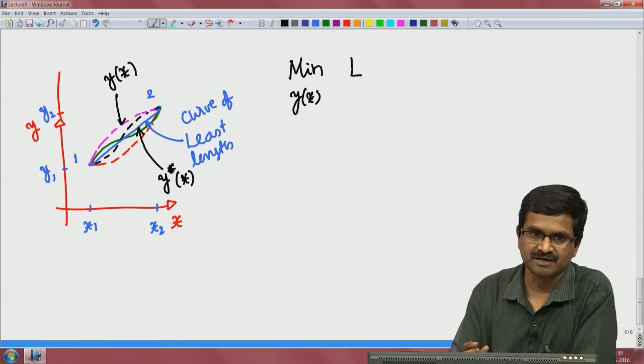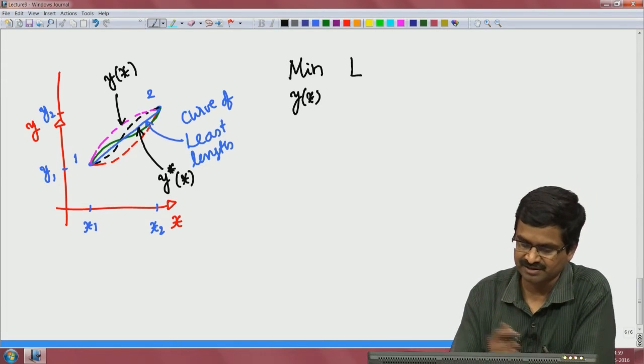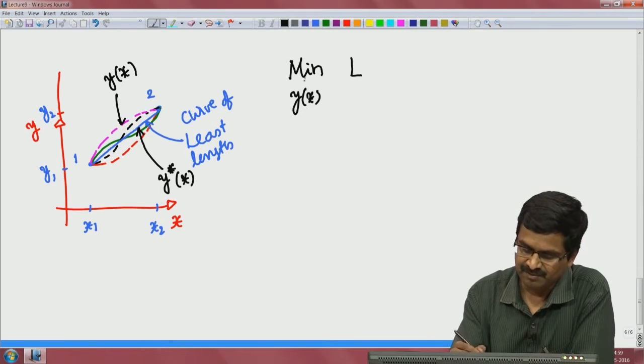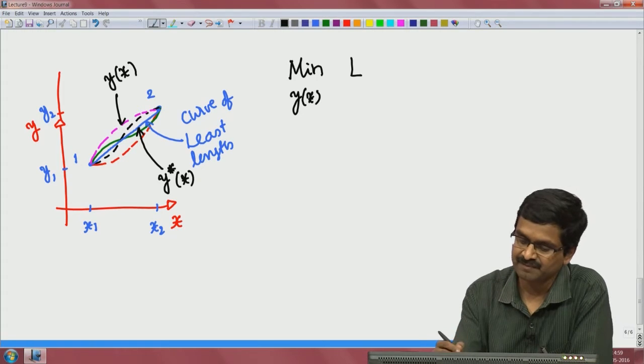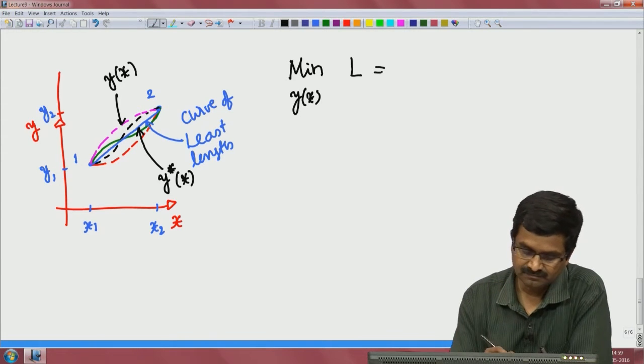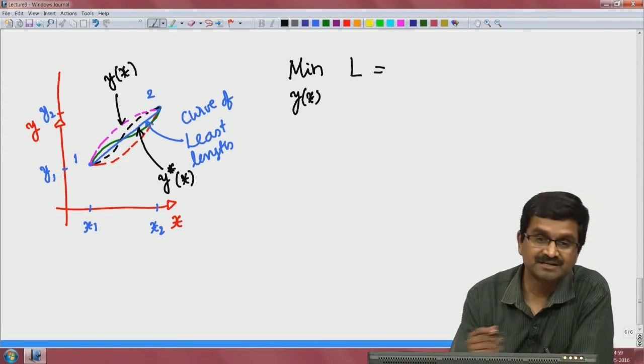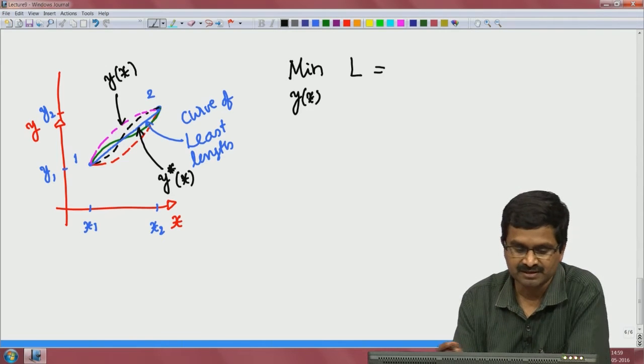We have to establish that now mathematically using calculus of variations. So, I have this minimum with respect to y of x, and I have to find that y star of x, which is a straight line. Once I know a general y of x, I want to get the length.